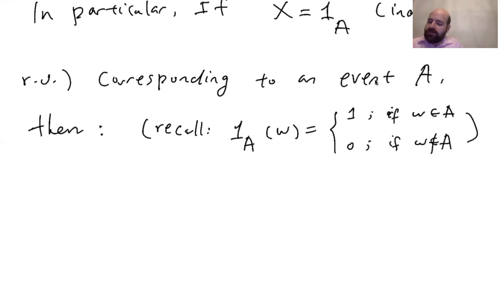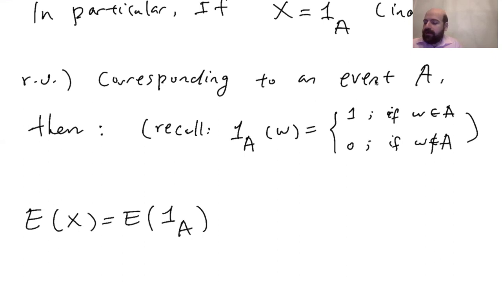Okay, so for such a random variable, what can I say about the expected value? The expected value of X is equal to the expected value of 1_A, and this is the sum over x of x times the probability that 1_A equals x.